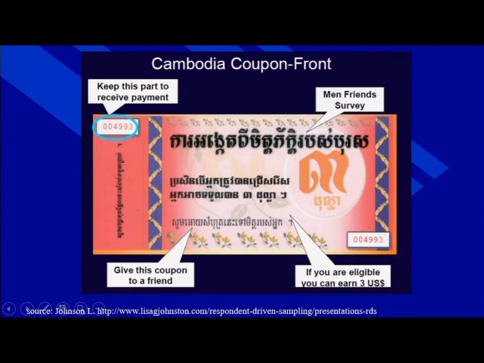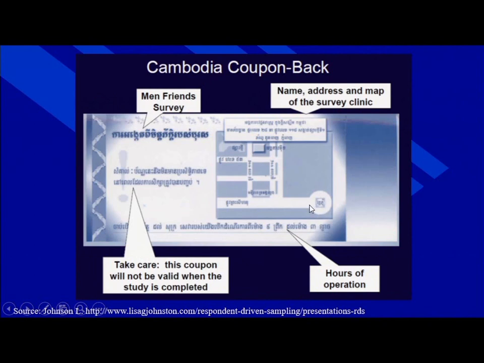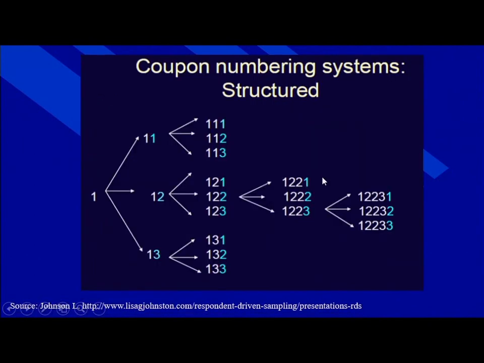So here is a coupon from Cambodia, and this actually comes from the work of Lisa Johnson that she has done in several countries. There is a number on the coupon, which you use to track the number of waves and to see who is referring who. There is the name of the survey, people are required to give this to a friend, the incentive that is being given, and here is where people need to go, so it's back on the coupon.